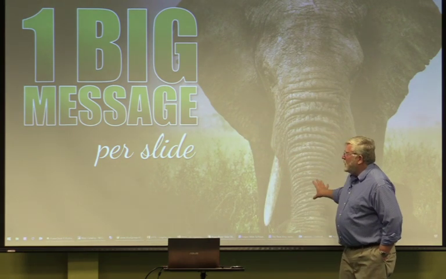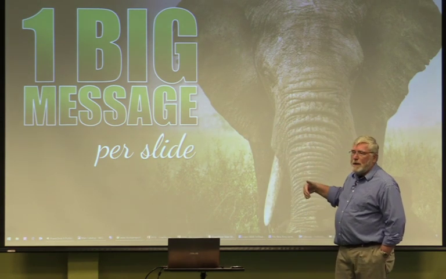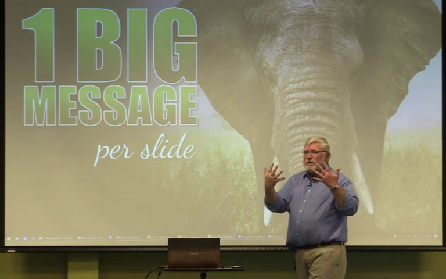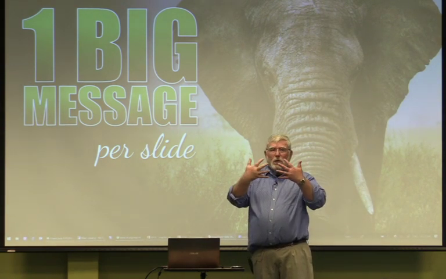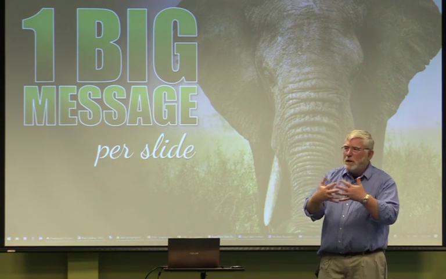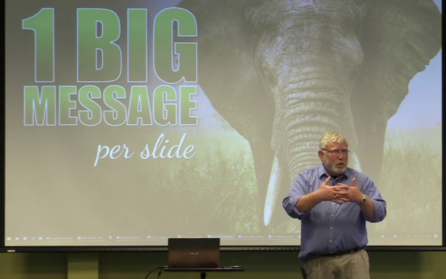There is green in the picture, so I used green in the text, but there's also gradient in the picture, so I used gradient in the text. What it's doing is communicating multiple things at once. You're reinforcing your message. The more things you tie together, the more you're reinforcing your message.